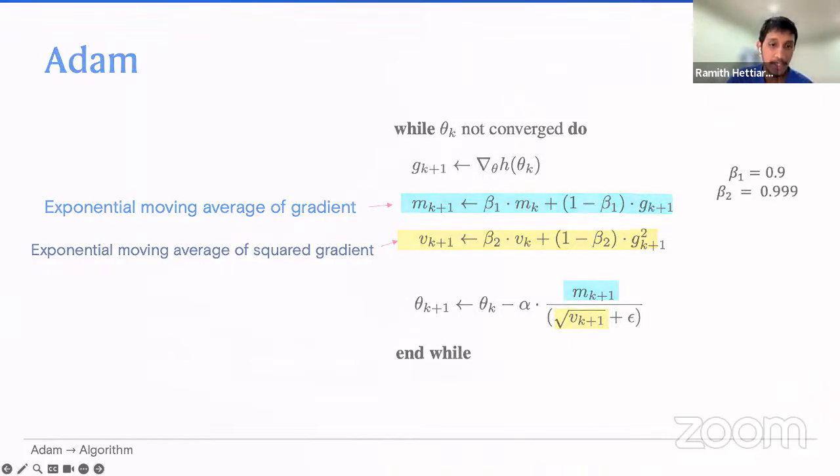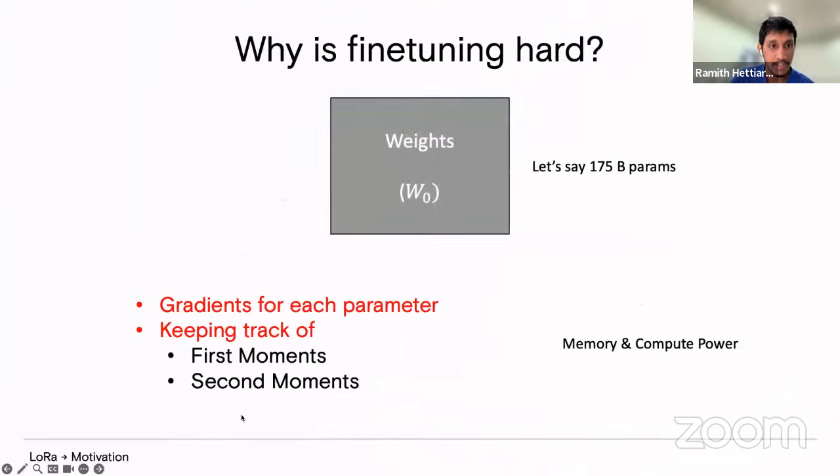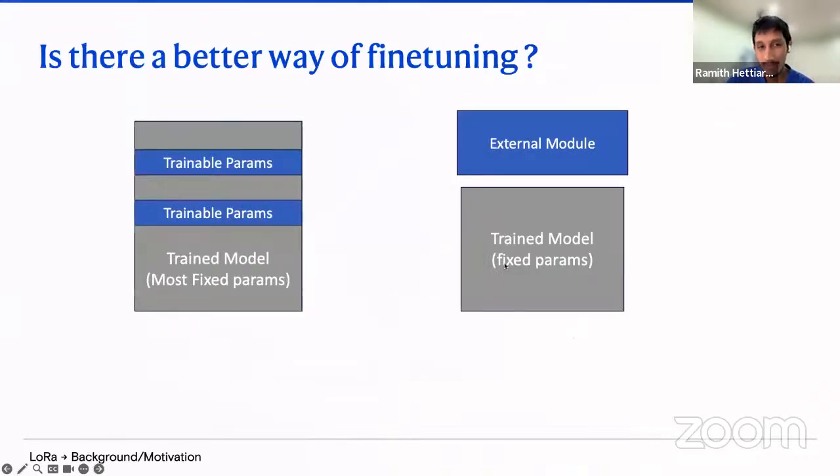That is why we have to keep all these things in memory, and naturally, because of the number of parameters and the floating point numbers that we want to store, we need a lot of memory. So now the question is whether we need to fine tune all of these parameters or whether we can fine tune maybe a subset.